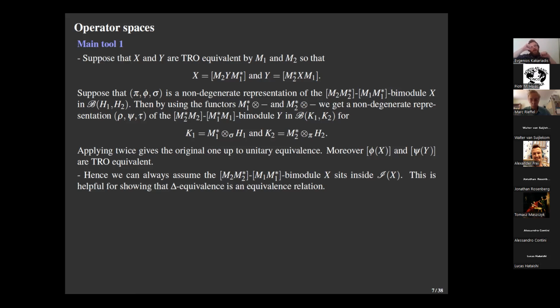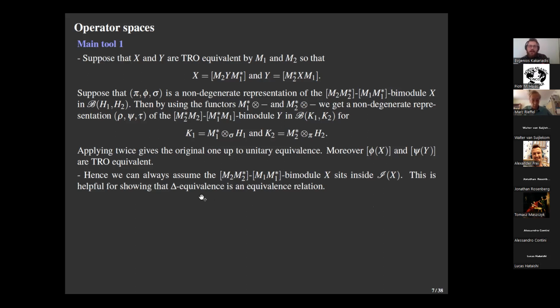You have an induced representation of Y, an induced representation of Z, and these representations would be TRO equivalent to the same representation of X. And because TRO equivalence is an equivalence relation, that would give you that Y and Z have representations that are TRO equivalent, and therefore you get transitivity in this way.